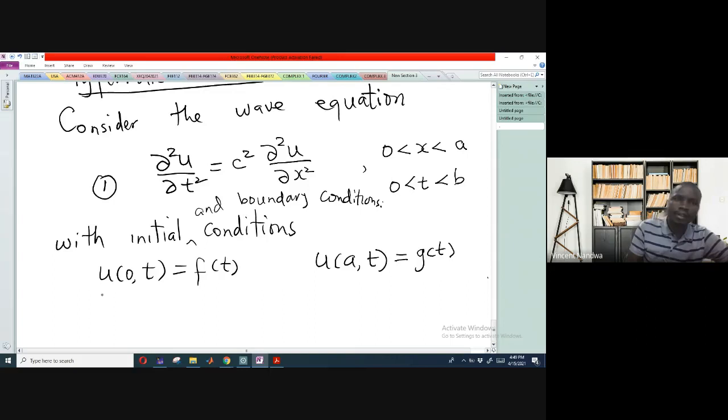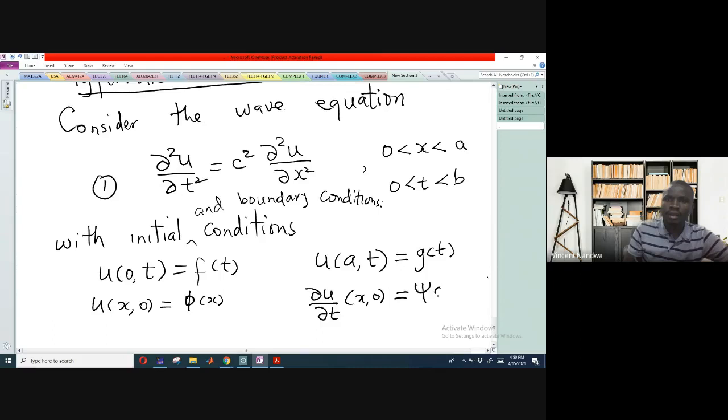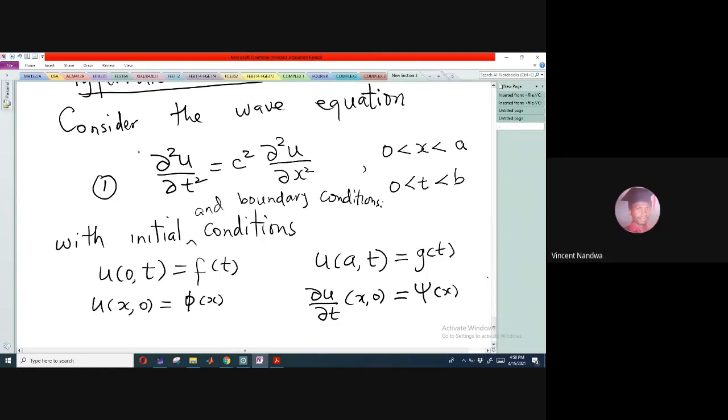And then u at x, 0 given by a function phi of x, and partial u partial t at x, 0 given by a function psi of x. So let's call this one 2.